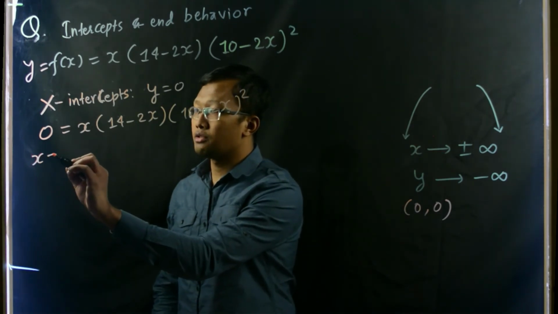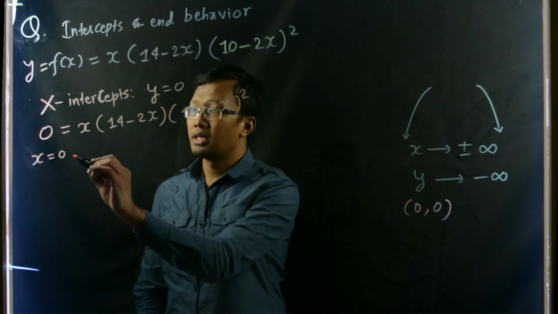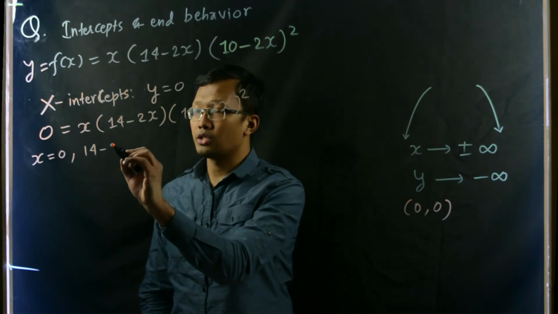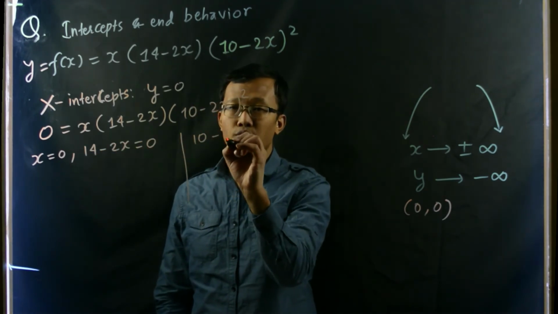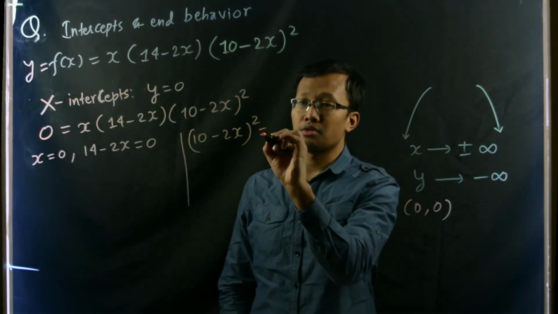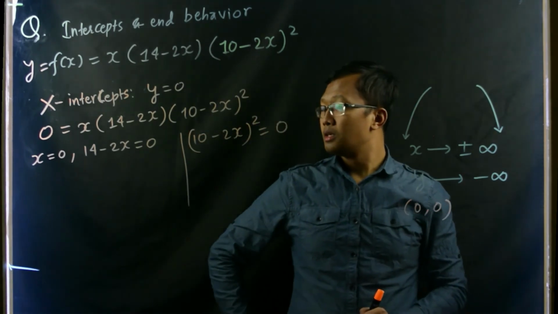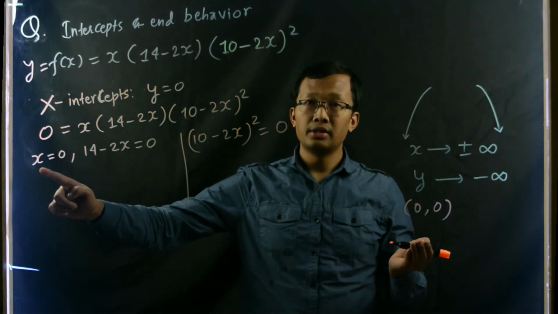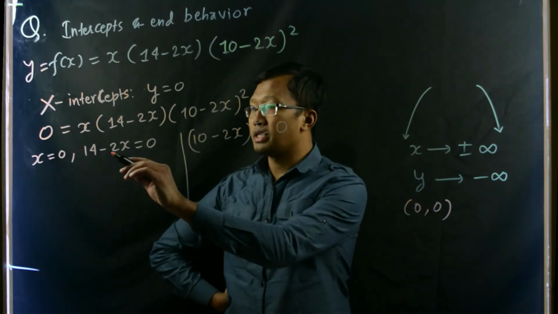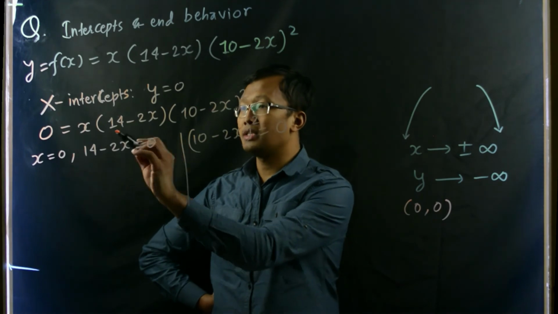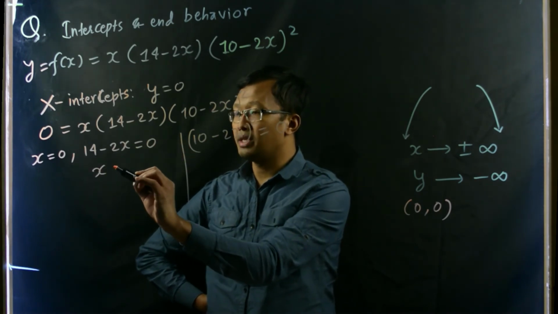So x equals 0 would be the first one. The second one would be 14 minus 2x equals 0, and the third one would be (10 minus 2x) whole squared equals 0. The first one we're good, we have already figured out the value of x, that is 0.